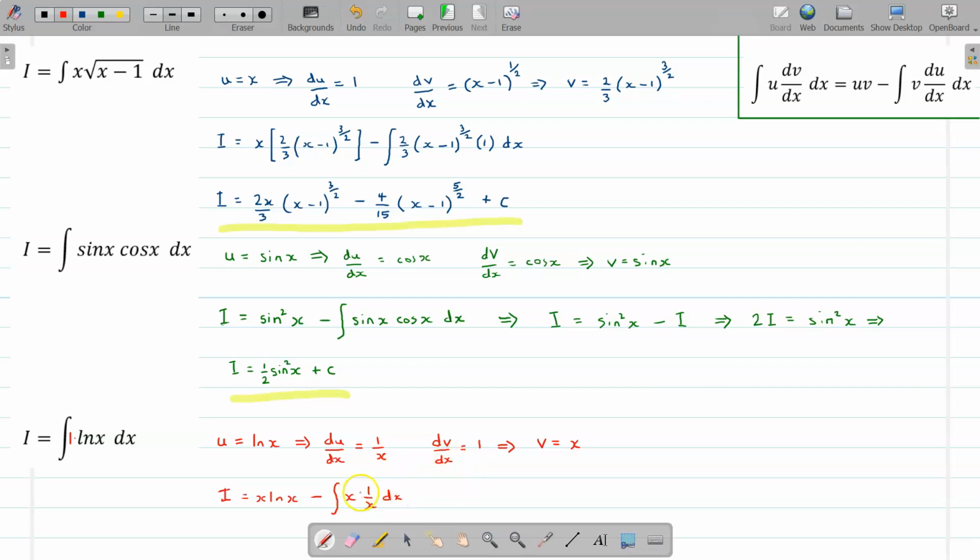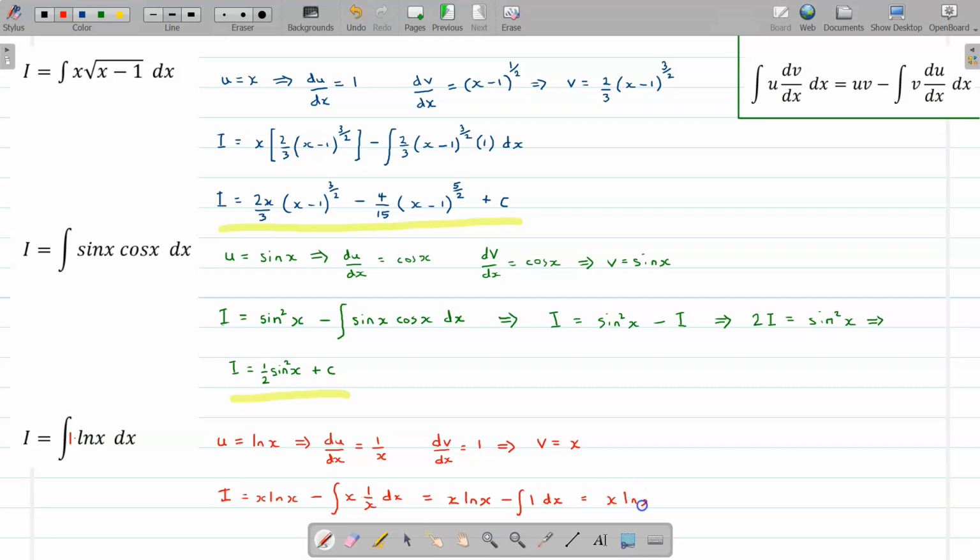Now, x times 1 over x, of course, is just 1, and the integral of 1 is x, so that's equal to x log x, x times the log of x, minus the integral of 1, which is equal to x log x minus x.